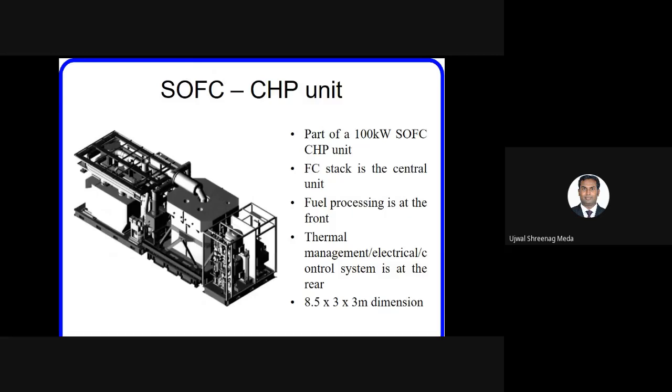And especially when it comes to power plants based on SOFC, definitely there are other components that are necessary along with the fuel cell module. This we had discussed in the very beginning when it comes to BOP, that is balance of plant.